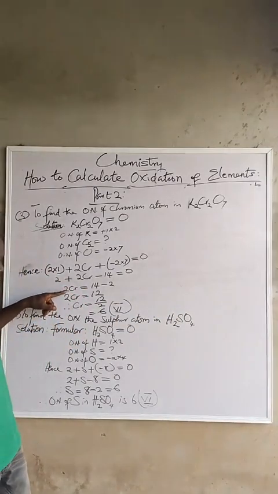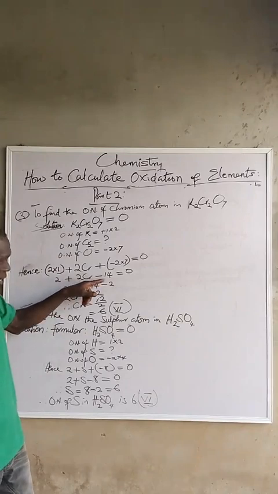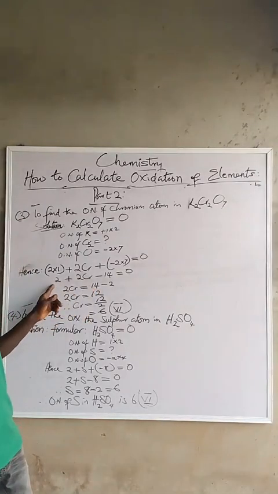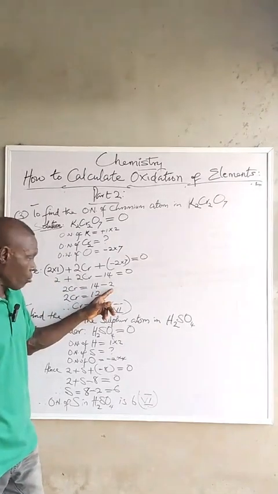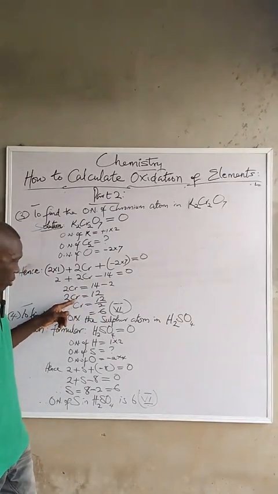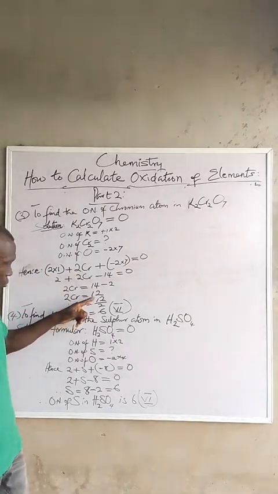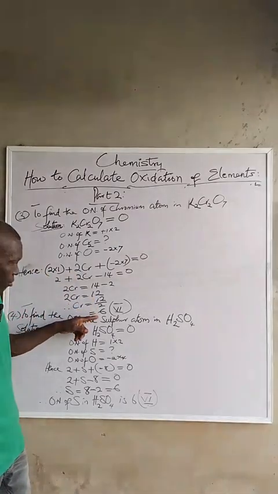So the -14 will cross to become +14, and this +2 will cross to become -2. That gives you 2Cr = 12. Now for one chromium atom, we have 12 over 2, which gives you 6.